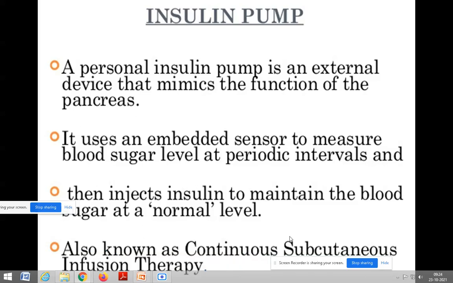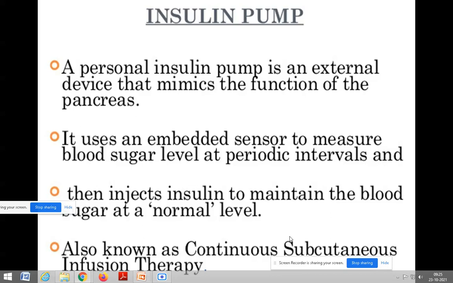So here the insulin pump is an instrument or device which does the same function that your pancreas does in your body. The insulin pump device has an embedded sensor which measures the blood sugar level of your body periodically, in between the periodic intervals.